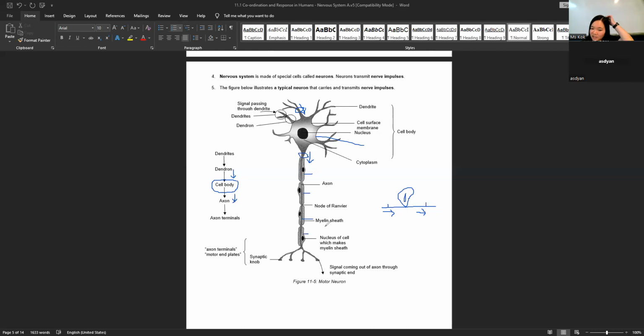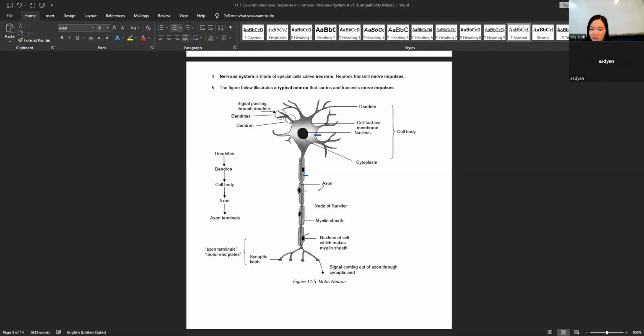So there are actually 5 cells in this diagram alone. The neuron is the only cell that is of the nervous system, and the cells that form the myelin sheaths are called Schwann cells.